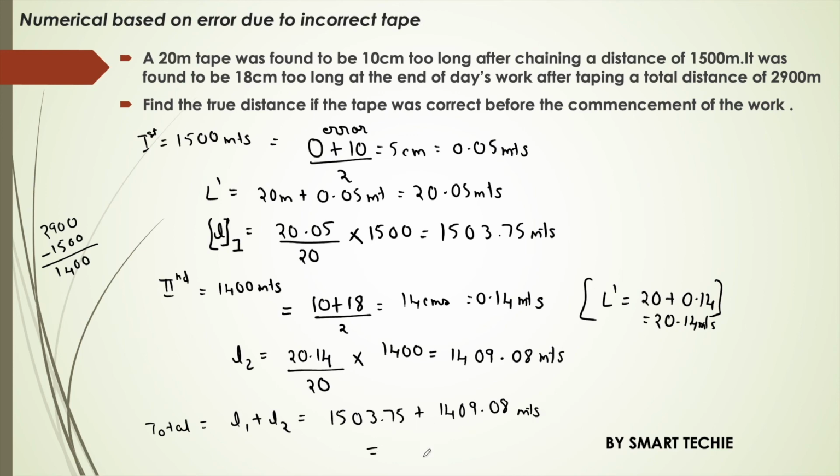When I calculate this, I am getting 2913.55 meters. So this will be my total length, or the true distance of the measurement which I have taken with a 20-meter tape.